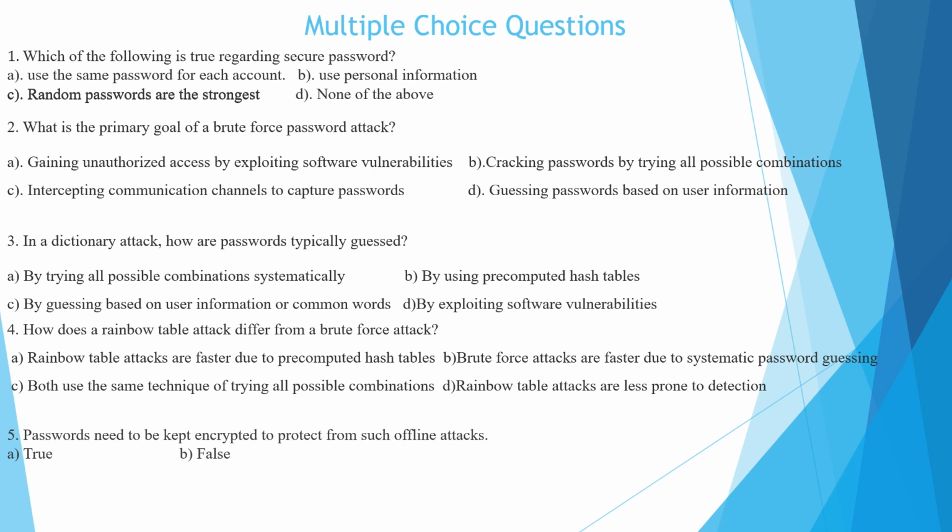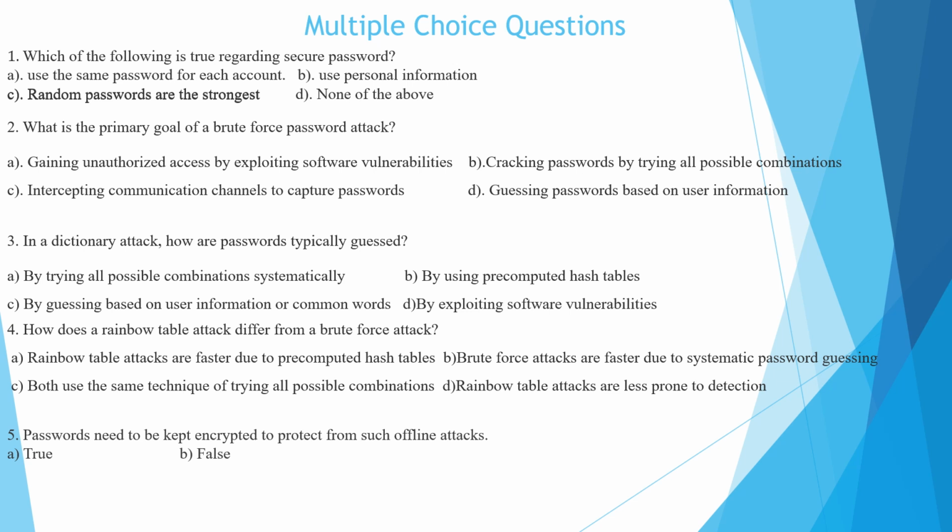Second question, what is the primary goal of a brute force password attack? Options are: A, gaining unauthorized access by exploiting software vulnerabilities. Option B, cracking passwords by trying all possible combinations. Option C, intercepting communication channels to capture passwords.